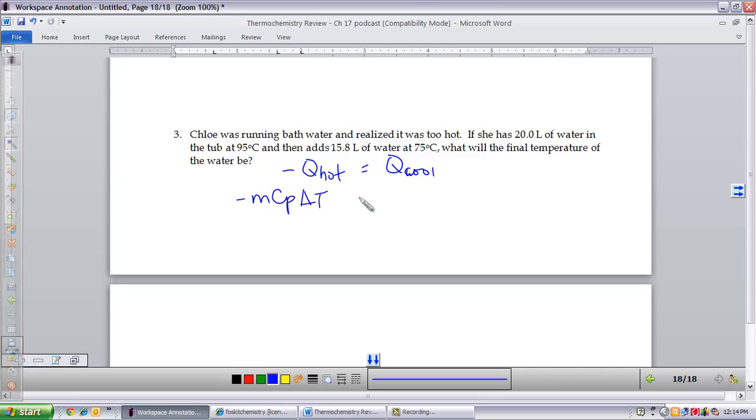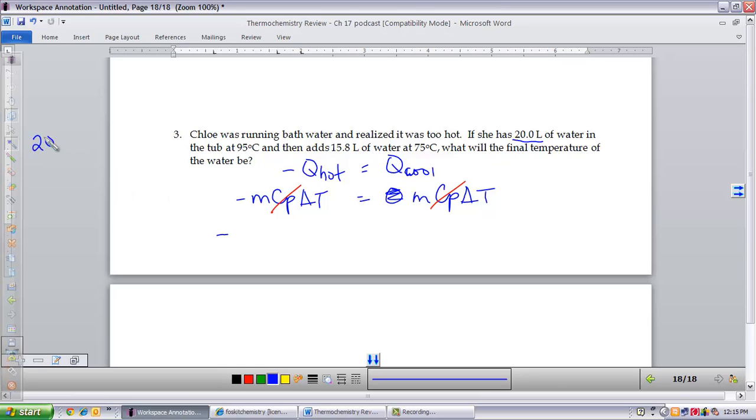And so you'll have a negative mCp delta T for the hot water and an mCp delta T for the cool water. If you'll notice, they're both water, so our Cp of water is going to be constant. Just to simplify the situation, you can cancel those. I just thought I would point that out.